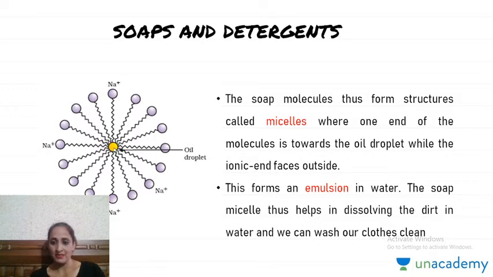So micelle-like structures are formed, where hydrophilic ends are towards the outer side, towards water, and hydrophobic ends are entrapping the oil droplets, the dirt droplets. This is called a micelle and it forms an emulsion in water. The dirt gets dissolved, it forms bonds with soap, and when we put water, it gets washed off. So this is the theory behind how soaps and detergents work.